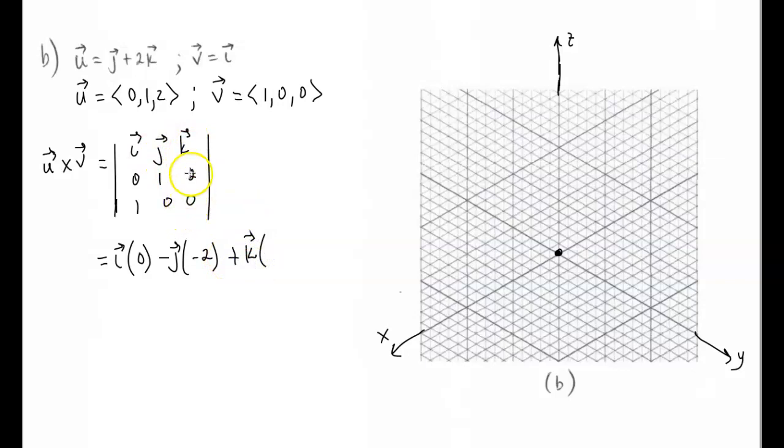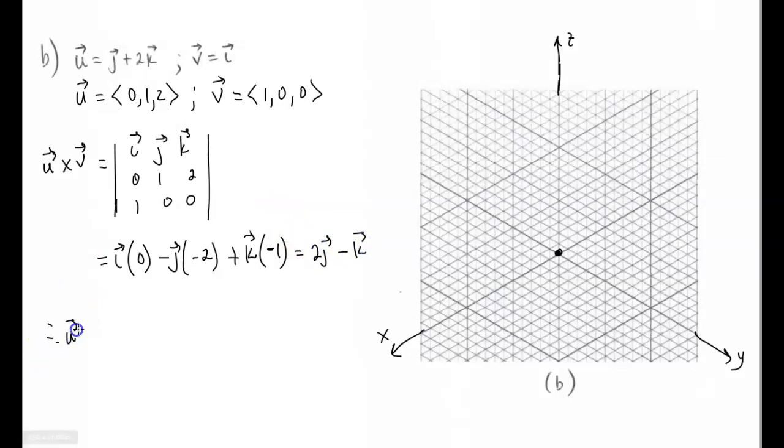Take out last column, top row. I'll have 0 times 0 is 0, minus 1 times 1, which is a minus 1. And this result will give us just 2j minus k.